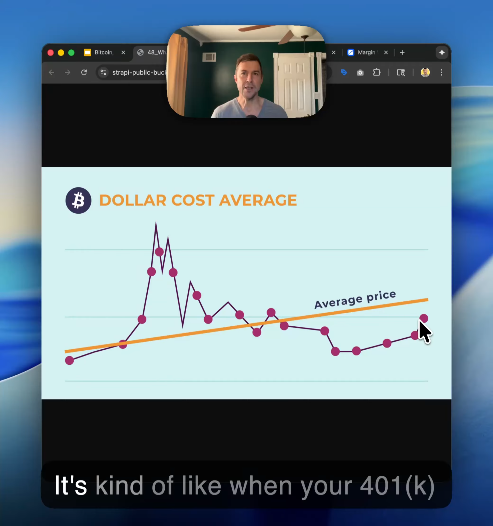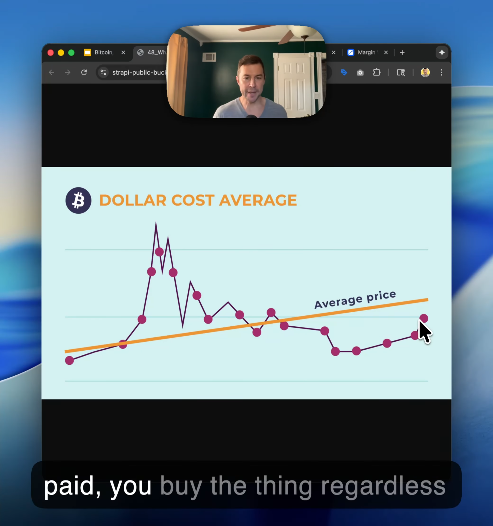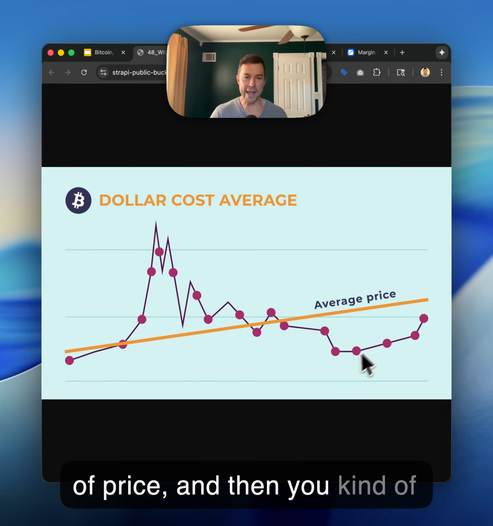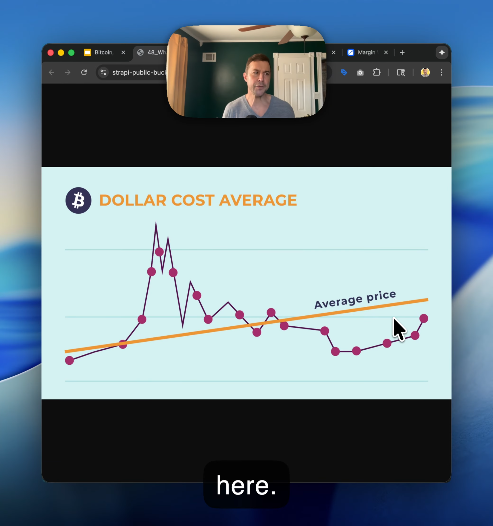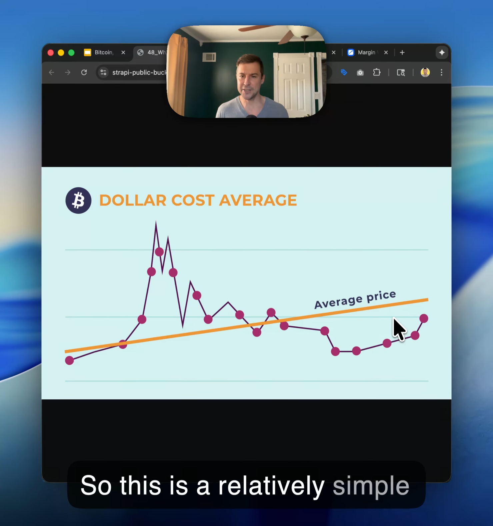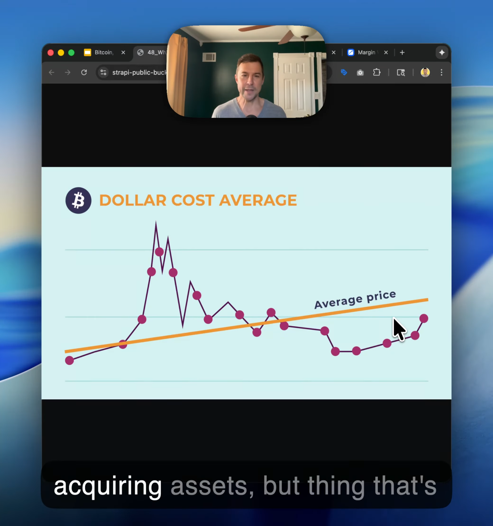It's kind of like when your 401k purchases shares or ETFs, you get paid, you buy the thing regardless of price, and then you average out like this orange line here. So this is a relatively simple concept for investing and just acquiring assets.